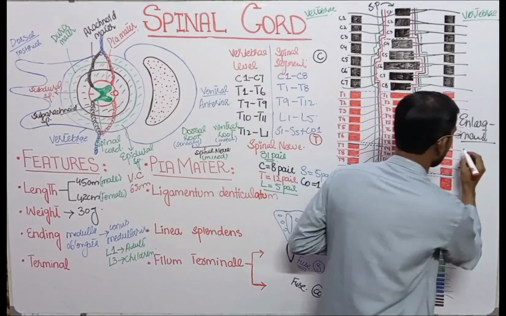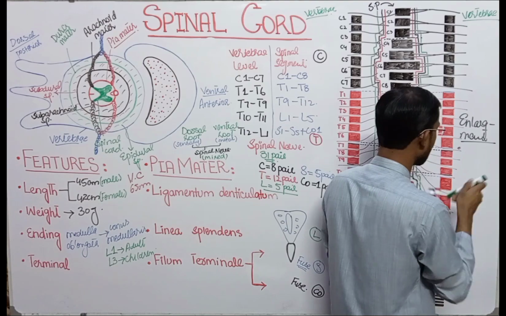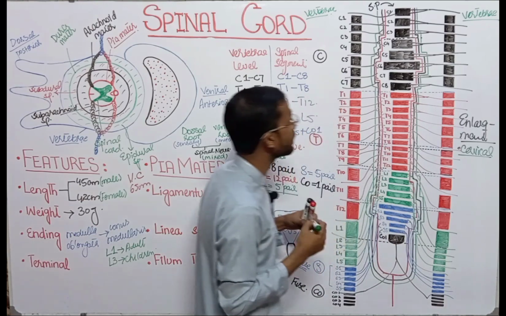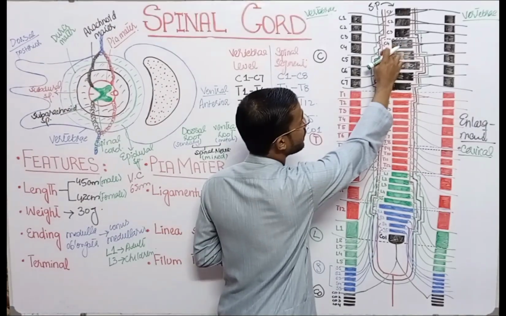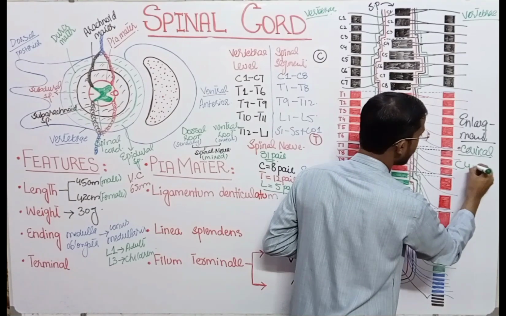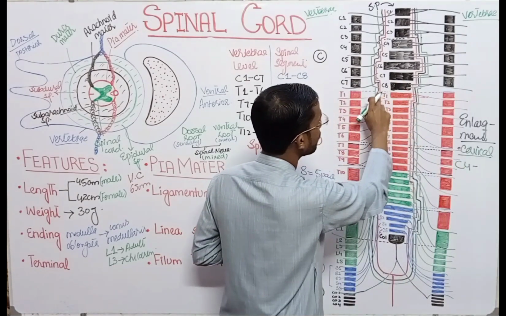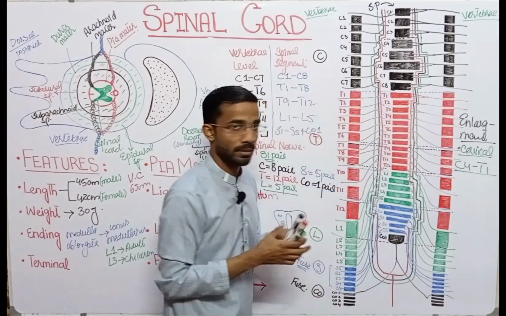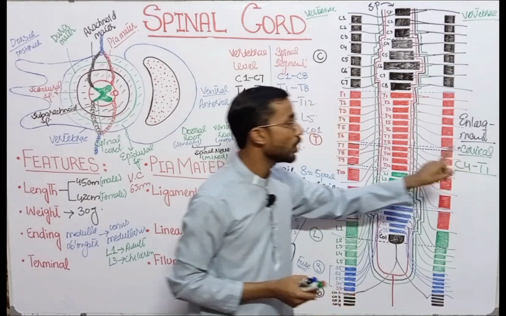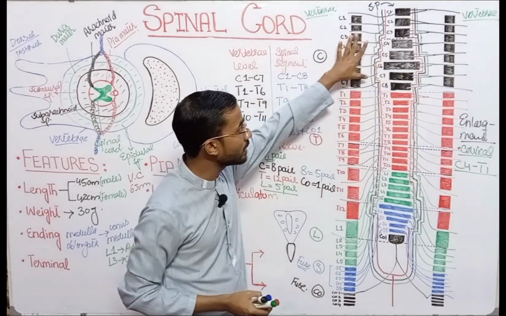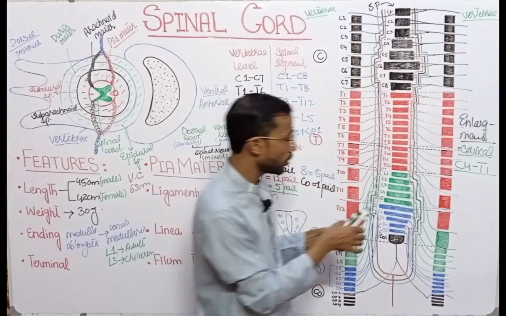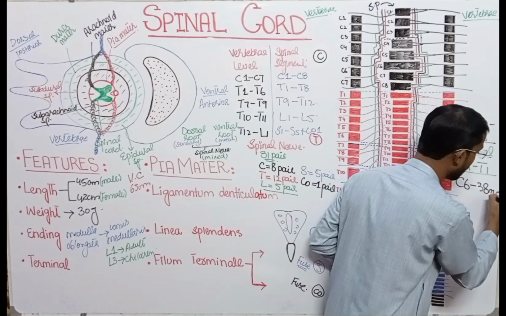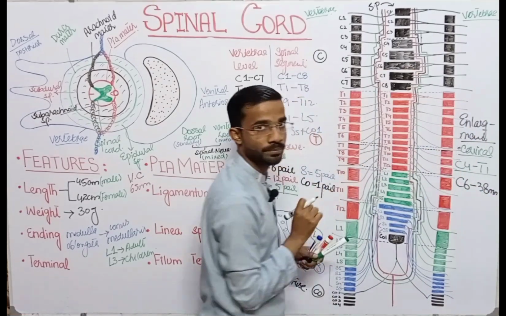First is the cervical enlargement, which extends from segment C4 to T1. At the level of C6 you will see the maximum enlargement, which is 38 millimeters. This is the maximum diameter of the enlargement.